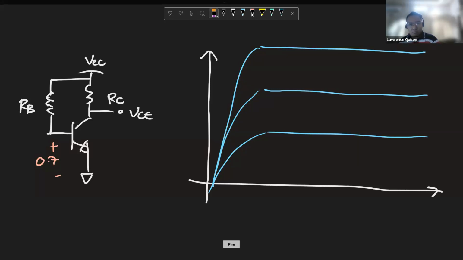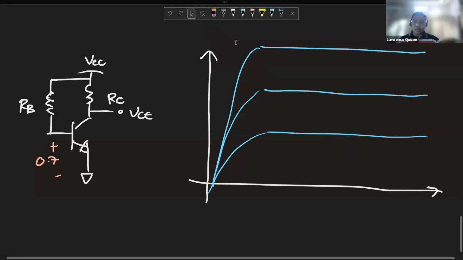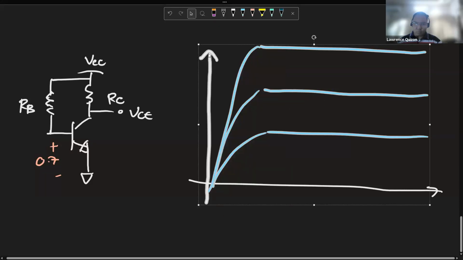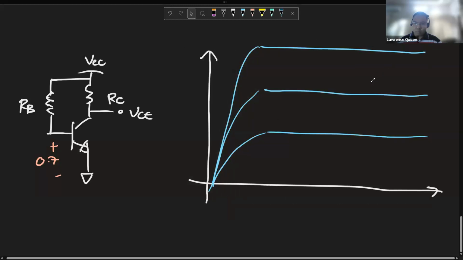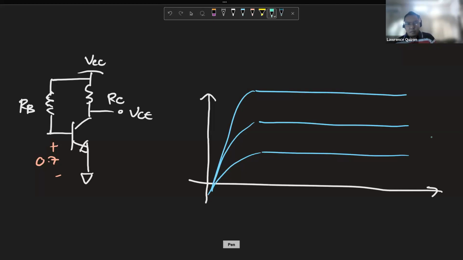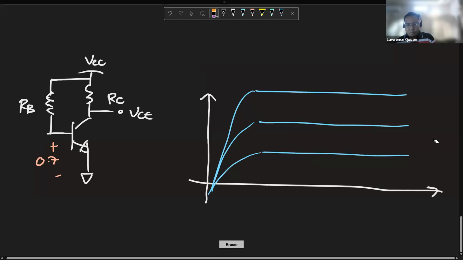Then, we had this load line. Actually, I made the graph way too big. Well, our load line is a bit wobbly, but that's fine.